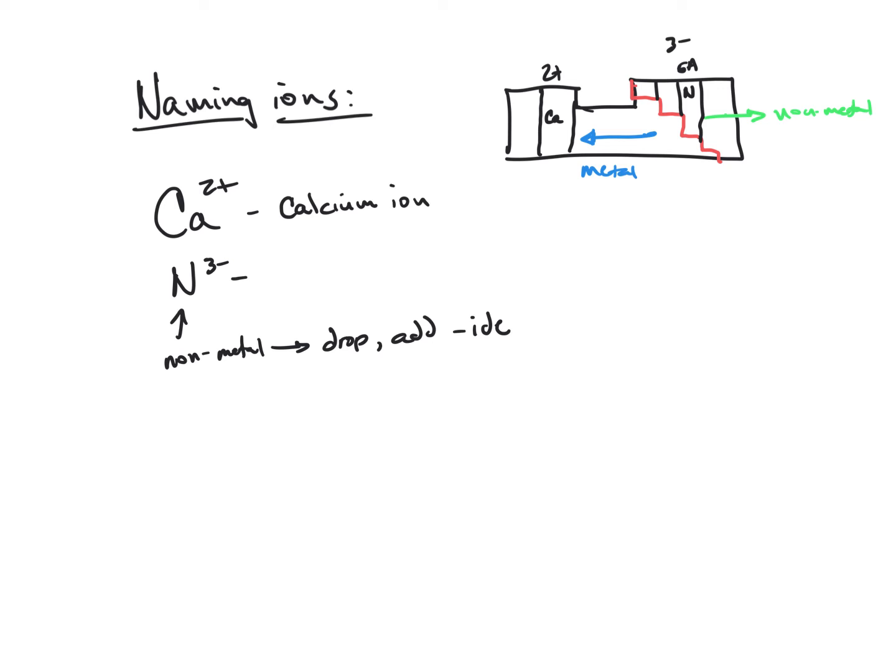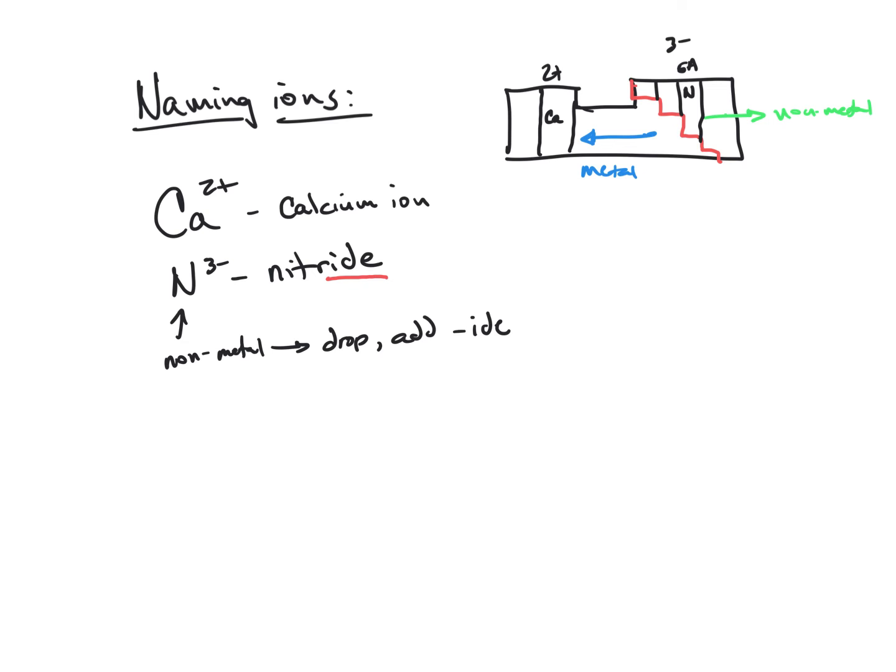So nitrogen becomes nitride with that IDE suffix. Typically I tell students the best way to go about this is to say it out loud, and if it rolls off the tongue, it is probably right.